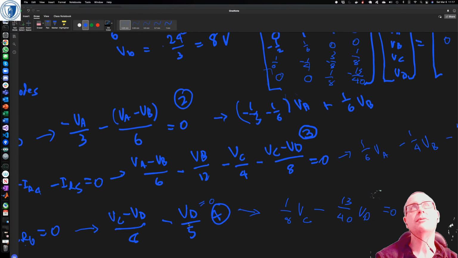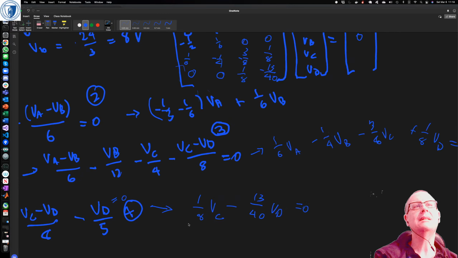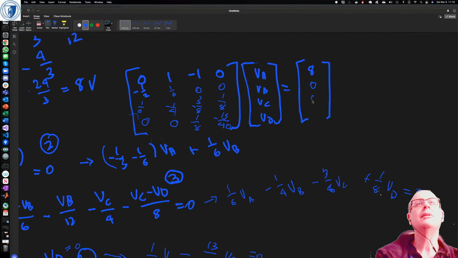So 1/8 is 5/40, and 1/5 is 8/40. So it's minus 5 minus 8/40, which is minus 13/40. So I think that's right. Oh, and I've been forgetting to fill out the zeros, but there's only zeros in the rest of these elements here.